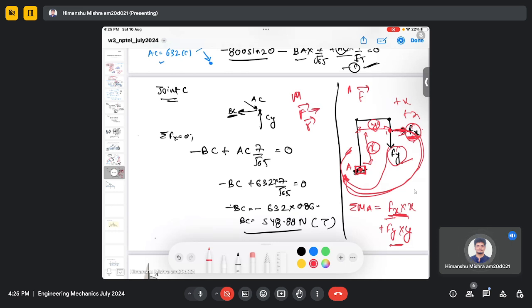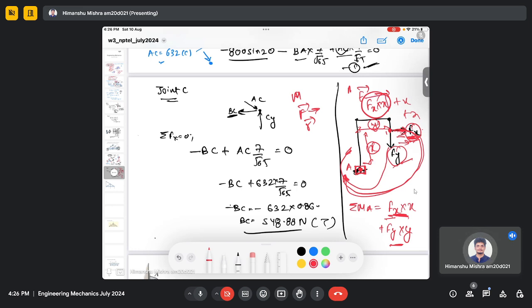Fx and Fy are scalar quantities. We only want to know about their magnitude. We can say Fx has its direction toward the positive axis. Then what should be the direction of Fx multiplied by x? This is a scalar quantity. It only has a value. It only has a magnitude.